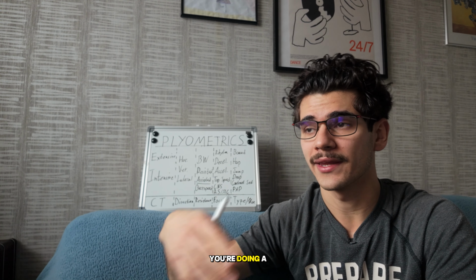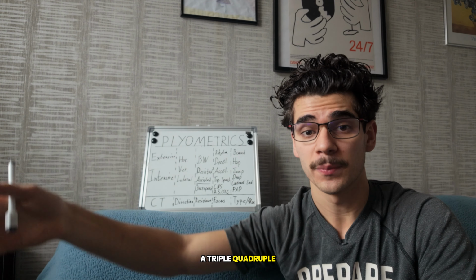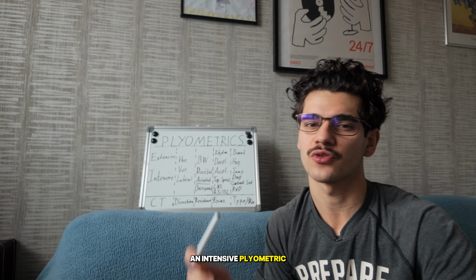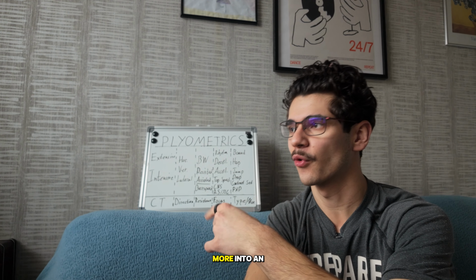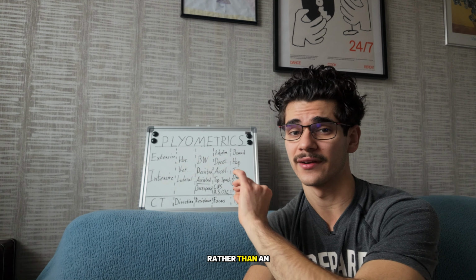You can't do a broad jump and expect it to train your stretch shortening cycle. I mean, you can if you're doing a consecutive broad jump, like a triple or quadruple broad jump, but then it turns more into an intensive plyometric rather than an extensive one.